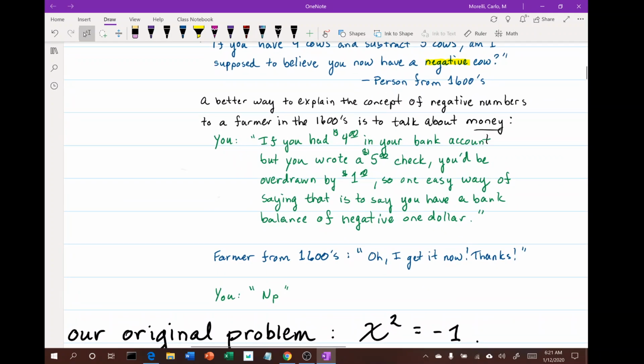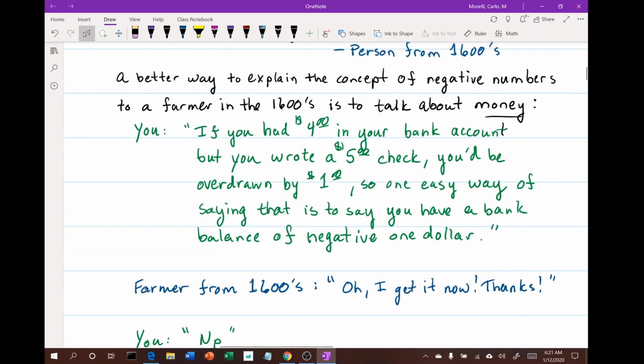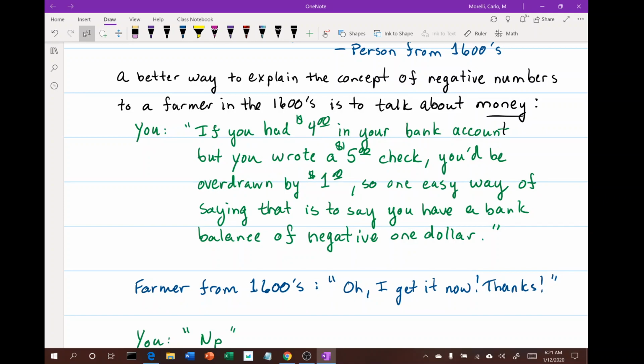Now, why are we talking about negative numbers? Because in the same way that they were confused about negative numbers, which we now take for granted, we are confused about imaginary numbers, which we assume in 200 years the children in first grade will be working with. They just haven't quite assimilated into our culture.